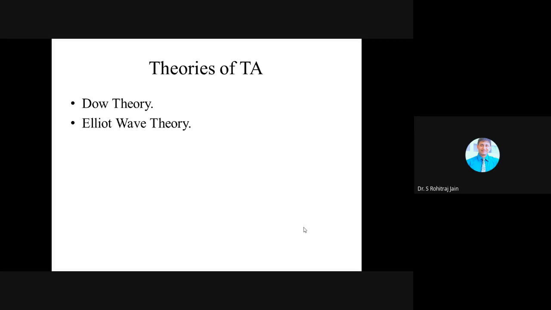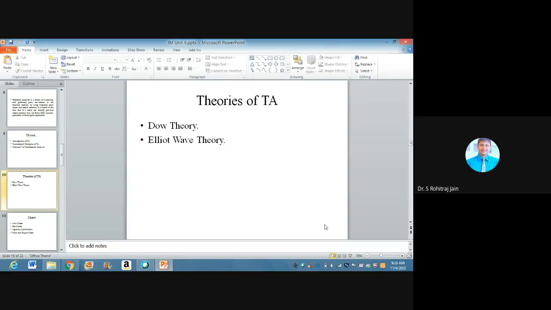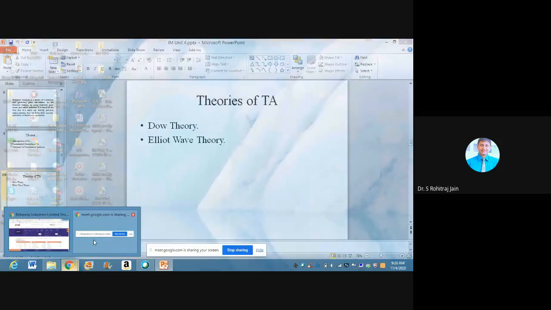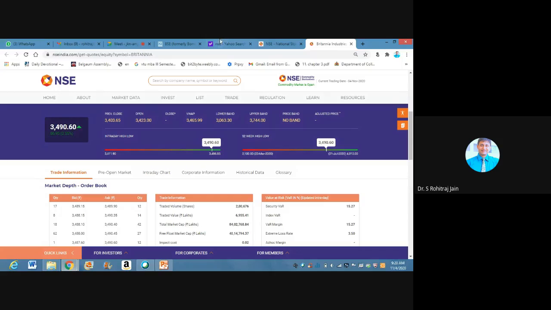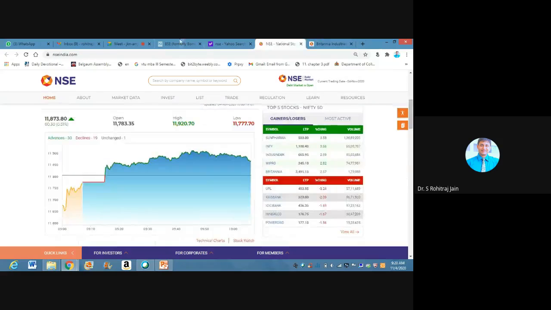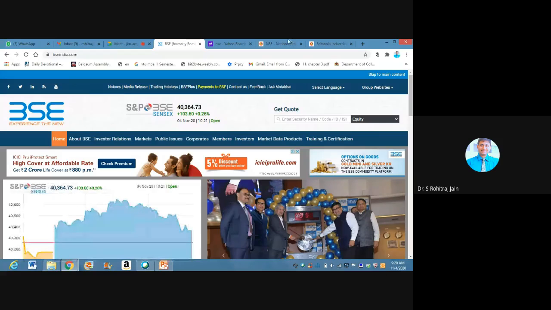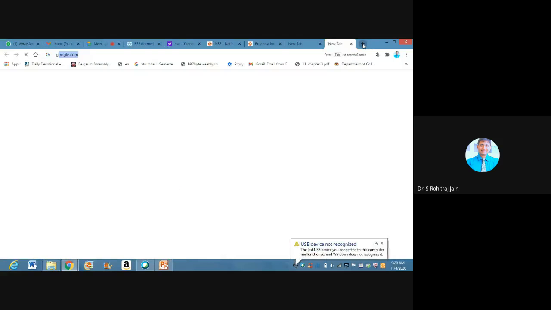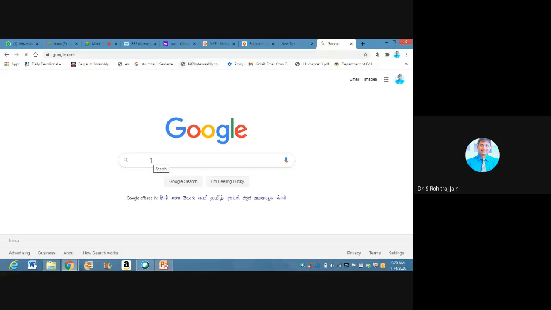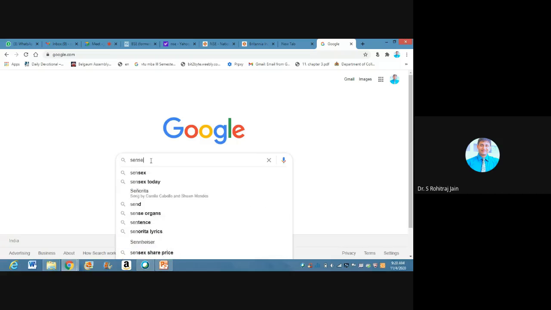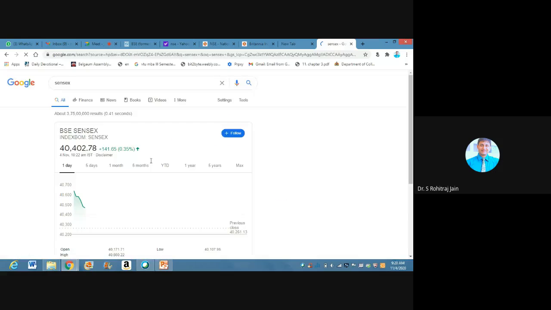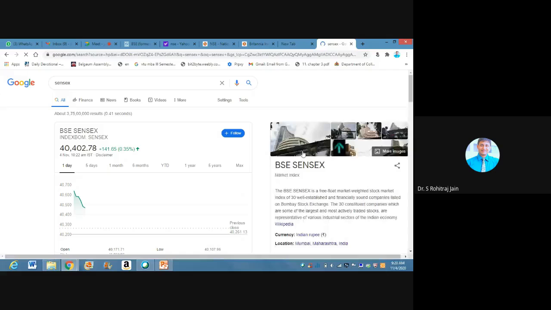Let me show you what this primary bear market is over the graph. When I take you here, in 2007 to 9, there was a fall in the market, right? So years together, there was a decline. If I go for the max.